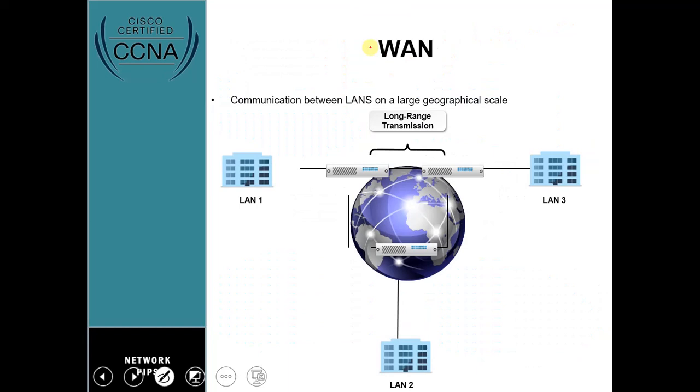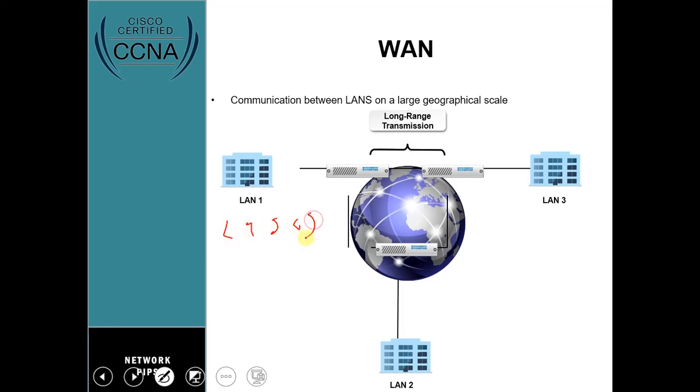Moving forward, we have WAN. These are communications over large geographical areas. When organizations like Access Bank started spanning over, they now have their branches all over different cities.